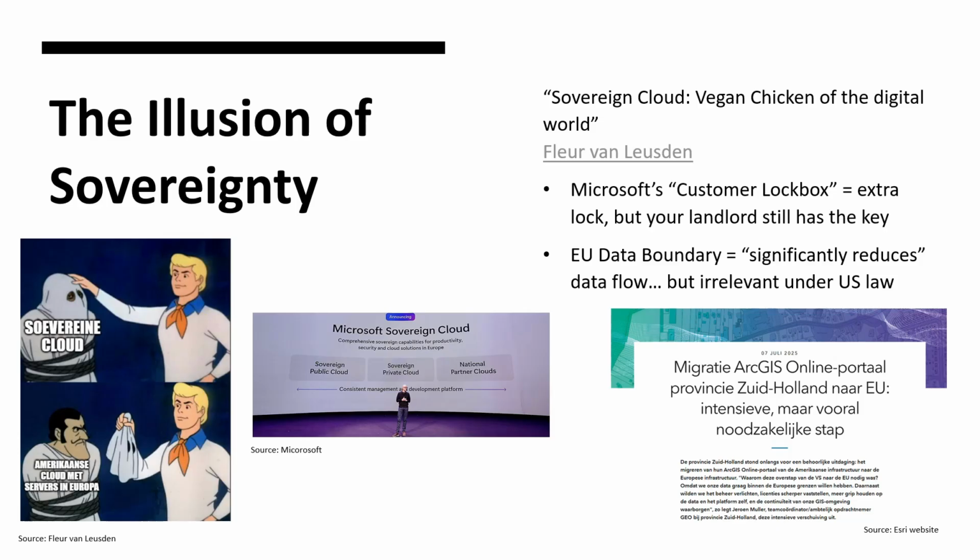It's about who can pull the plug. A server in Frankfurt doesn't make the system sovereign if Washington can still issue a subpoena. So let's be clear. Digital sovereignty isn't a label. It's a power structure. And unless we rethink how we build, govern, and procure digital infrastructure, we risk mistaking autonomy for sovereignty and falling for the vegan chicken breast.